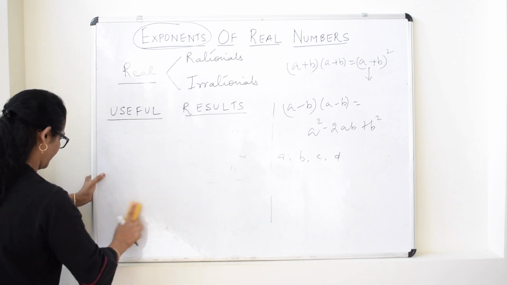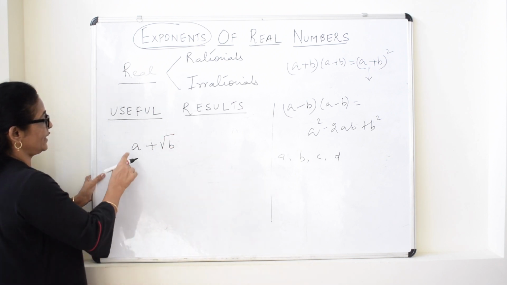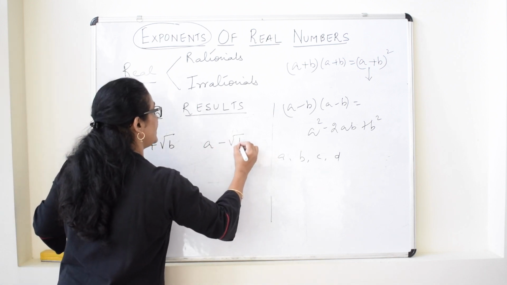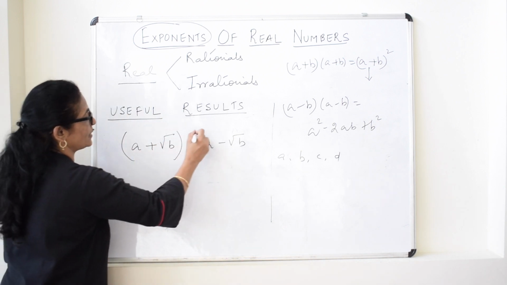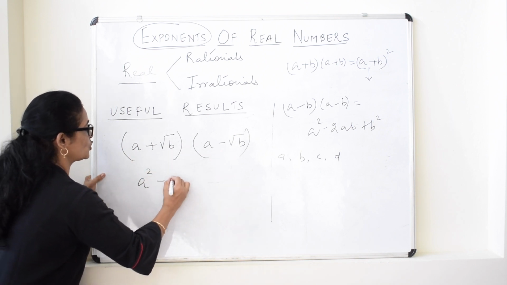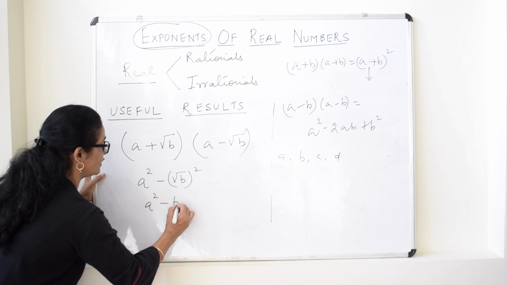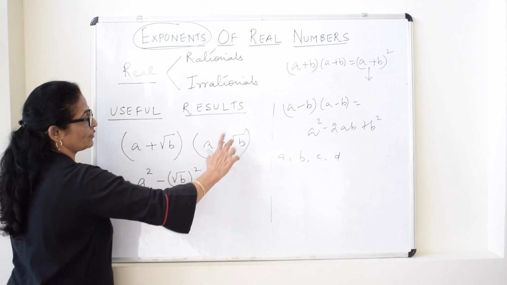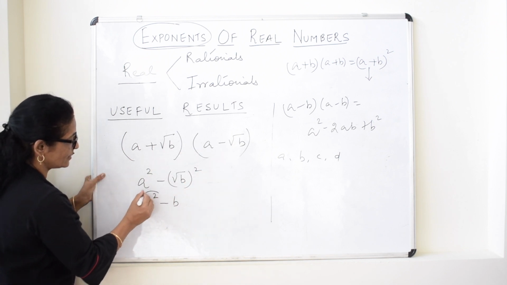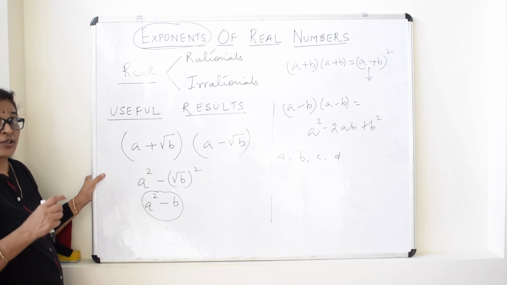Now, the last concept. If we take a number like this, A and B are real numbers, A + root B, and another one is A − root B, and if we multiply these two, then we are going to get A² − (root B) the whole square, which will ultimately be A² − B. So these kind of terms, in which after simplifying there is no more radical sign, we will use in the next concept, rationalization.